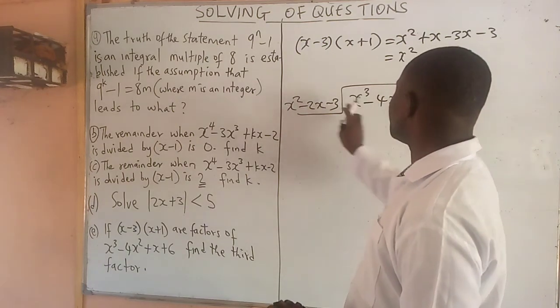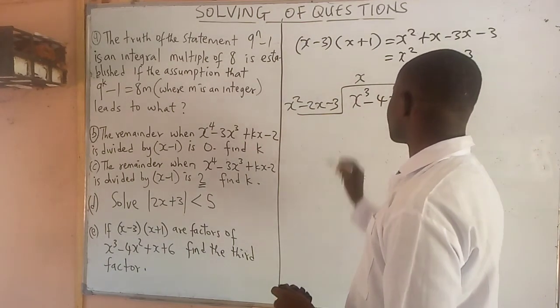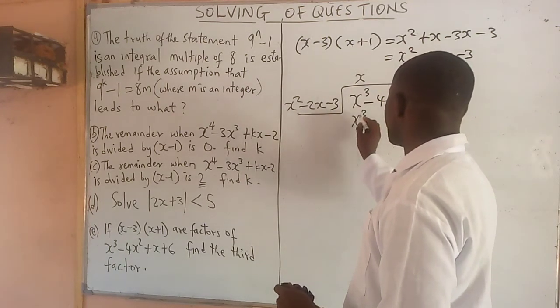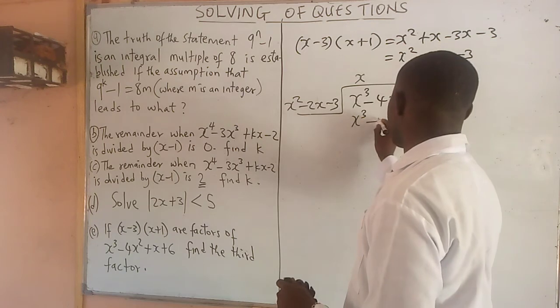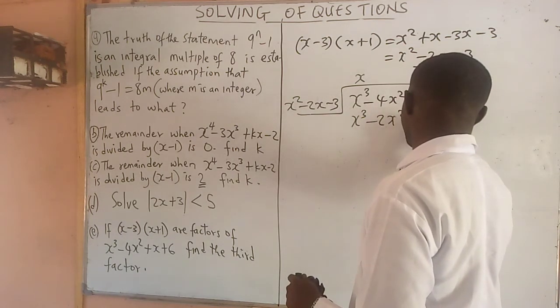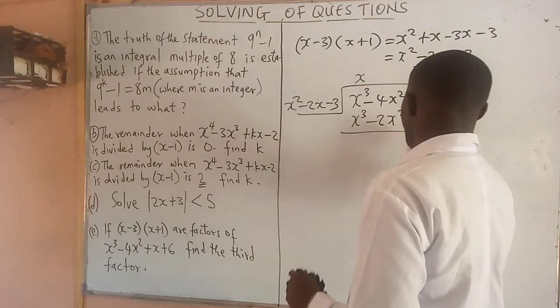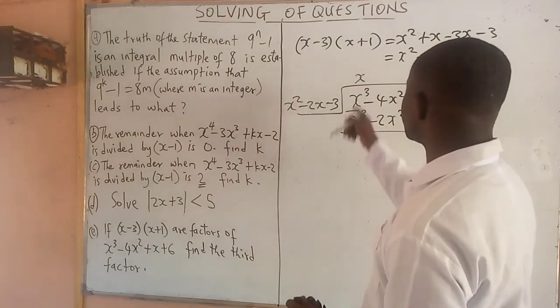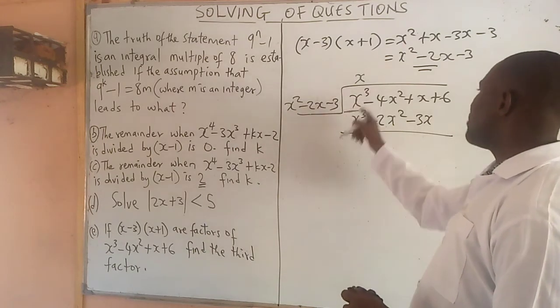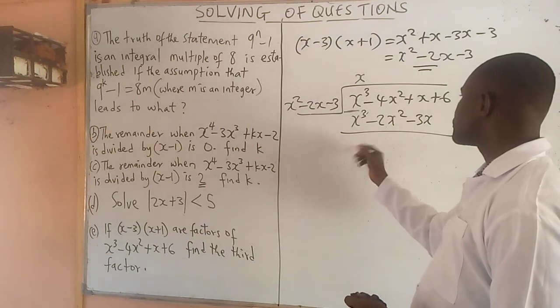Now, x squared divided into x cubed, I will have x. x times x squared, x cubed, x times minus 2x, minus 2x squared, x times minus 3, minus 3x. I will put minus. Minus is constant. x cubed minus x cubed, there we go.